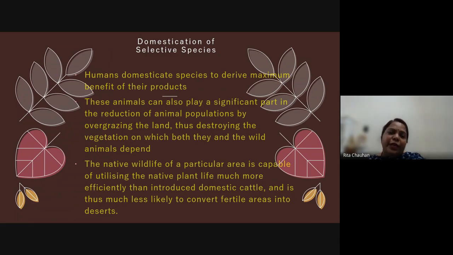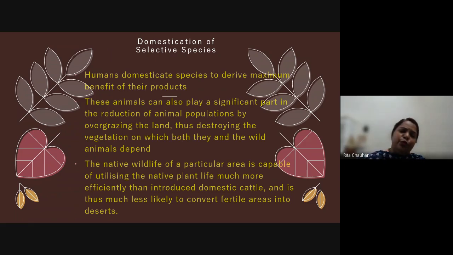For example, we rear goats, then cattle like cow and buffalo for milk purposes, then poultry farms, sheep. We domesticate them, and when they are of no longer use, either we kill and eat them, or otherwise we leave them as they are.